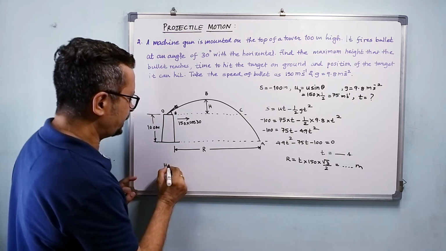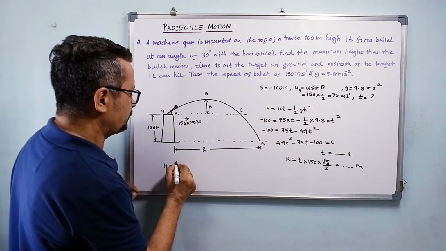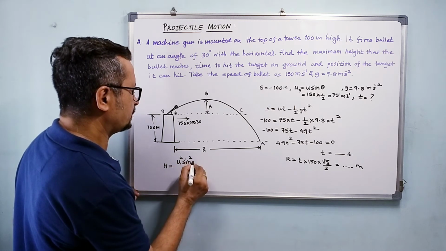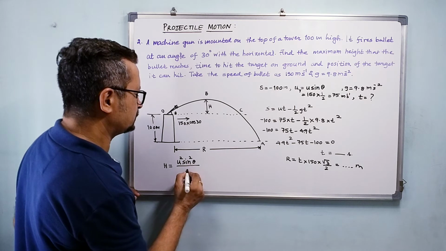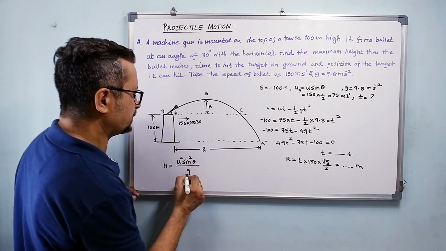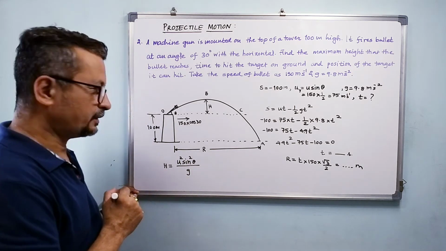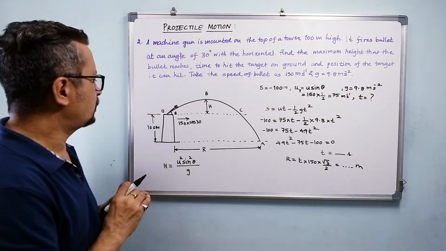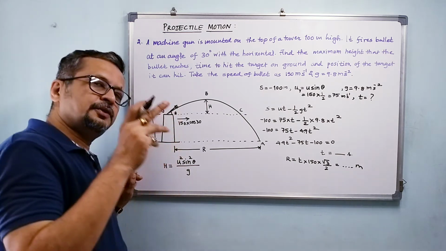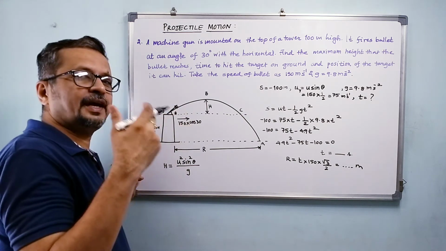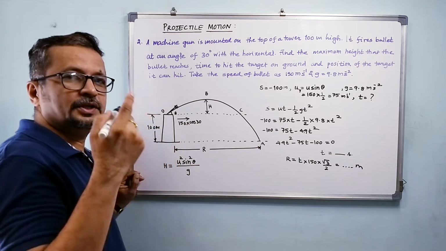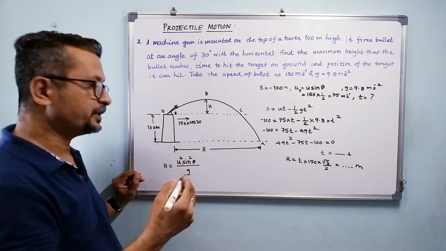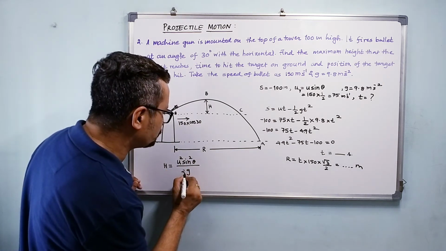Okay, and then that h would be equal to u square sine square theta upon g, correct? That would be the maximum height, correct? Or would it be, see, your range is u square sine 2 theta upon g, and the maximum height is u square sine square theta upon 2g, correct?